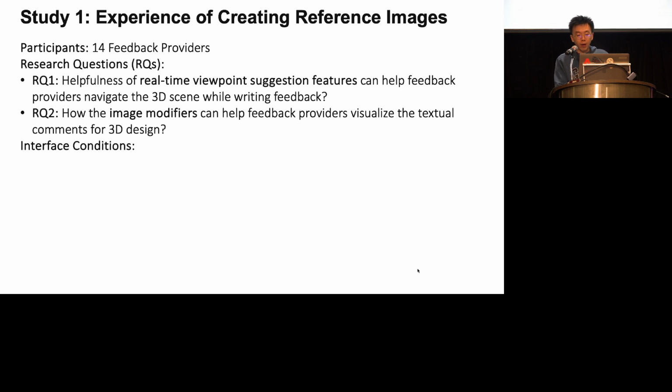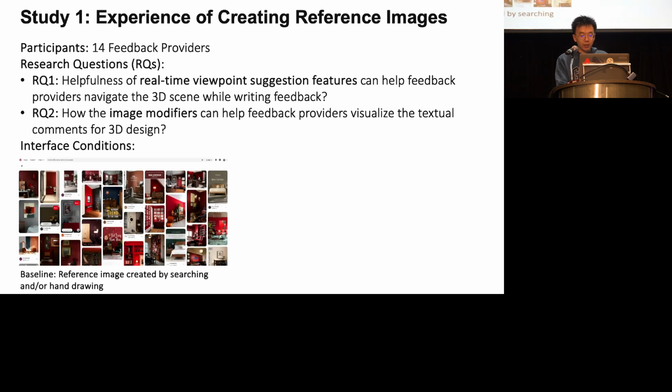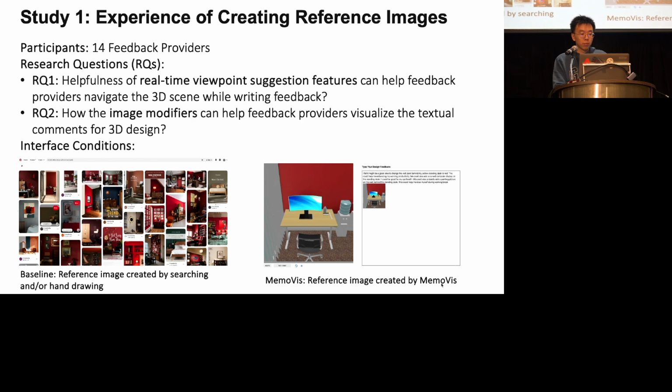Participants were invited to evaluate 2 interface conditions. For the baseline condition, participants can create the reference images using the image search from the search engine or hand sketching. Whereas with the MemoVis condition, the reference images will be created by our system.